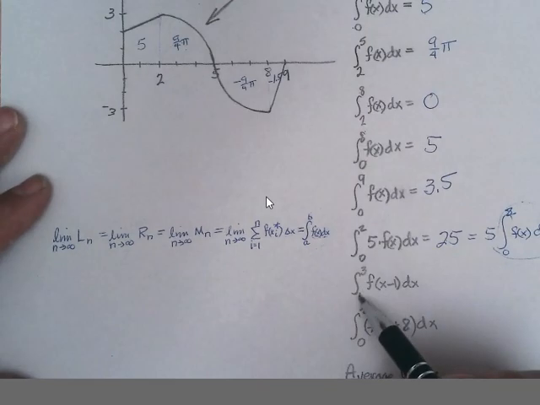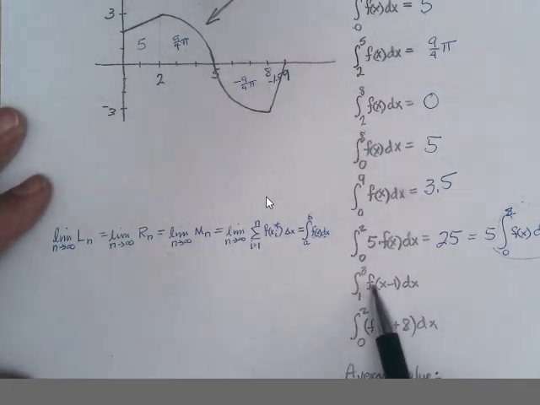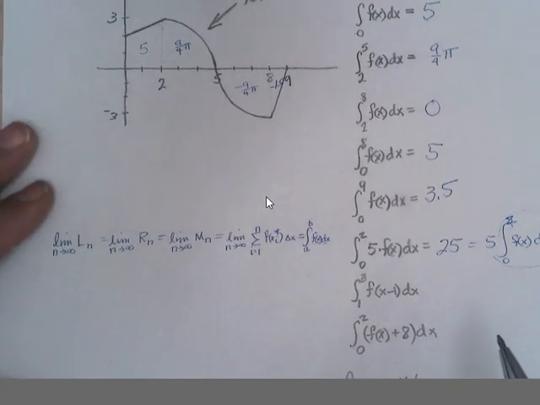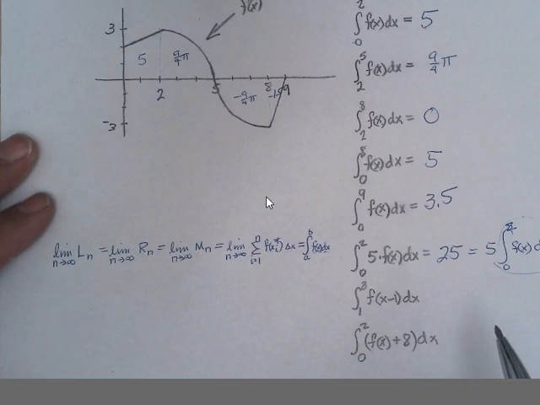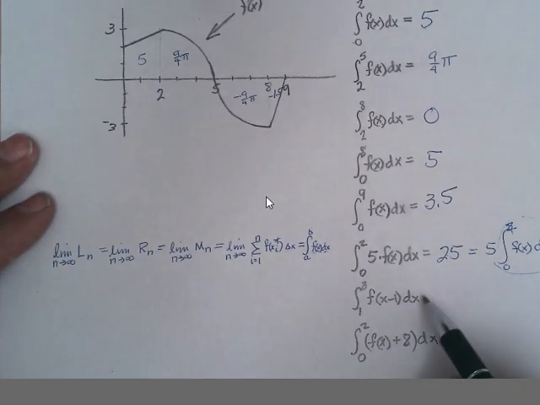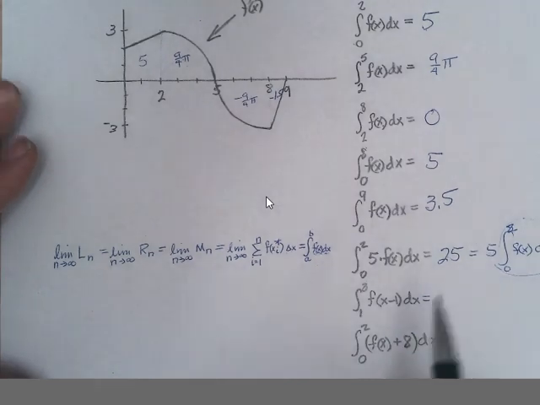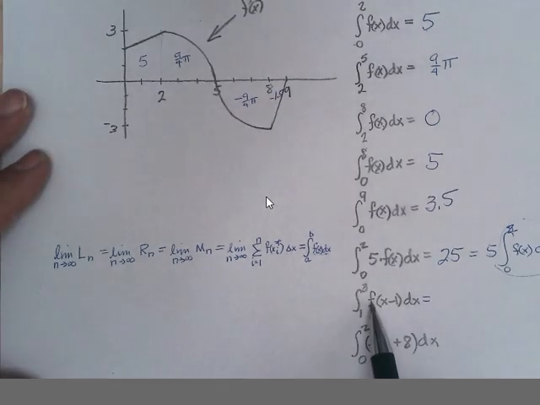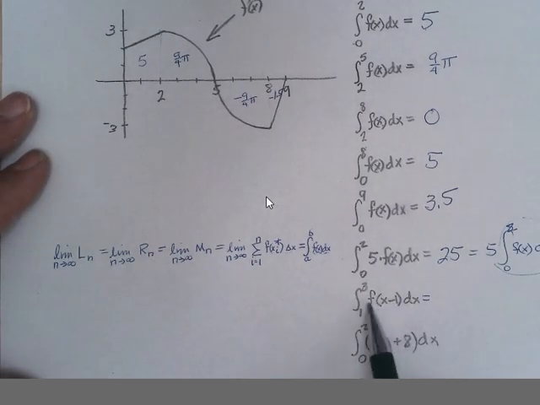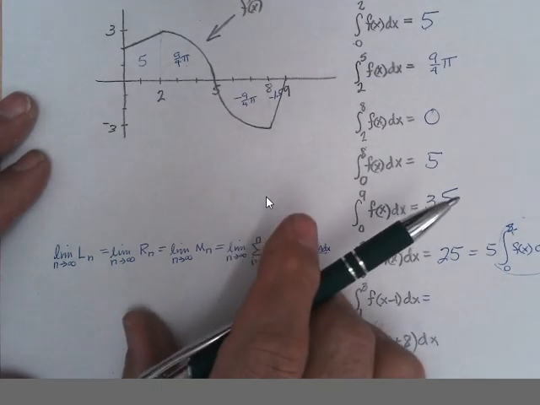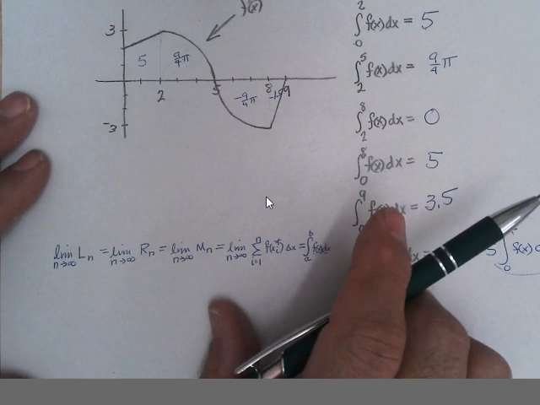What if you go from 1 to 3 of f of x minus 1? I'm pausing so you can work it. I'm going to explain now. Subtracting 1 from the x moves the function 1 to the right.